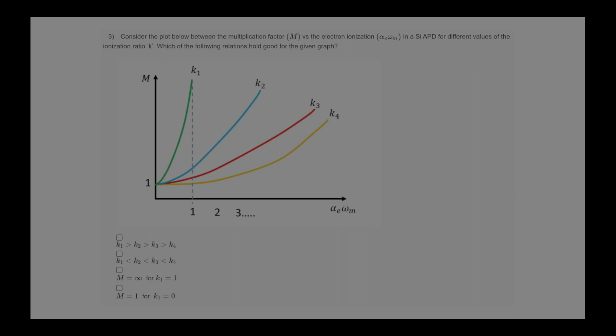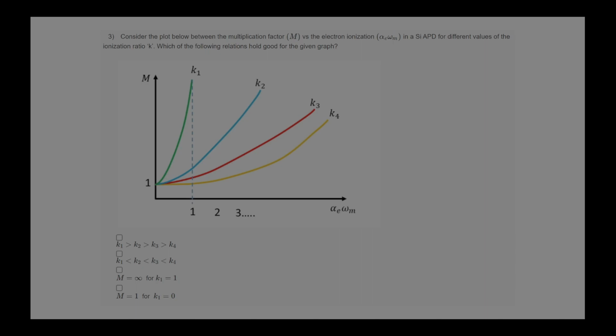Then question number three says: consider the plot below between the multiplication factor M versus the electron ionization alpha E omega M in a Si APD for different values of the ionization ratio K. Which of the following relations hold good for the given graph?